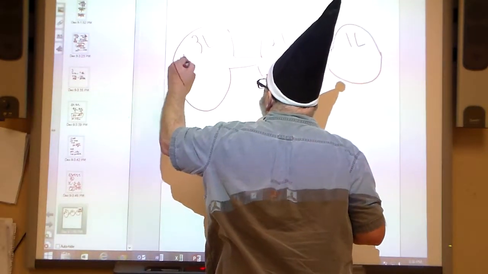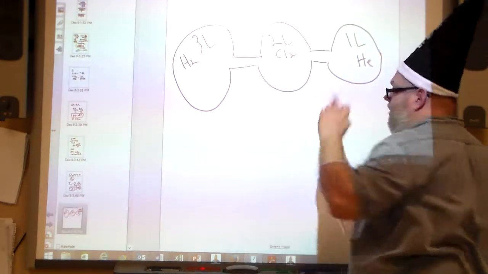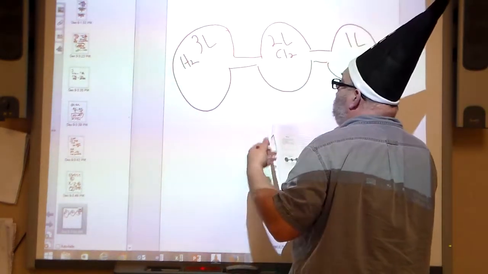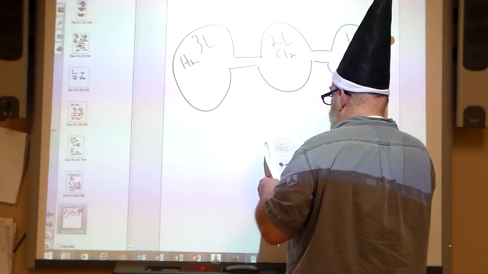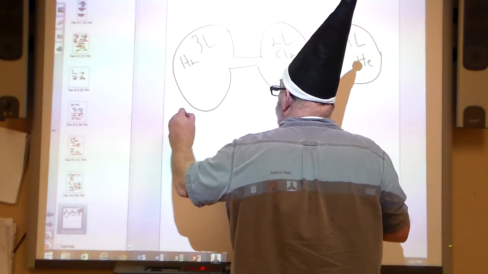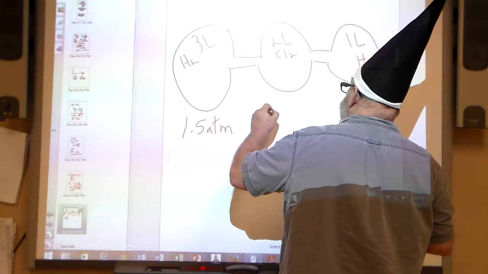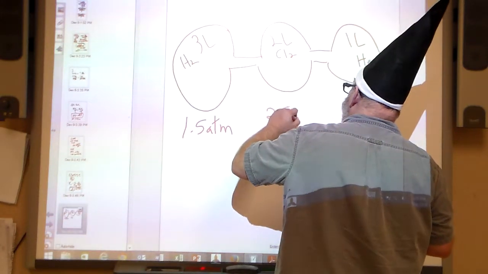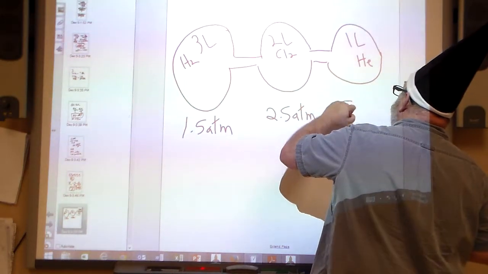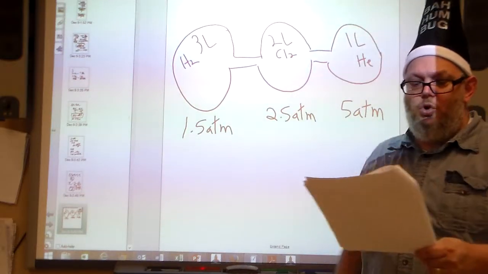Let's say this is H2, this is Cl2, and this is He, for the sake of argument. And we can look at the pressures that each one is individually putting out here. So we can say, all right, 1.5 atmosphere. Here it's going to be 2.5 atmosphere. And then over here it's going to be 5 atmosphere. Holy cow, the helium is under a lot of pressure.